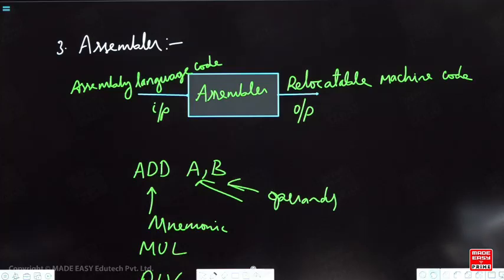It is an intermediate language, some mnemonic version of machine code. Next. Assembler is platform dependent.